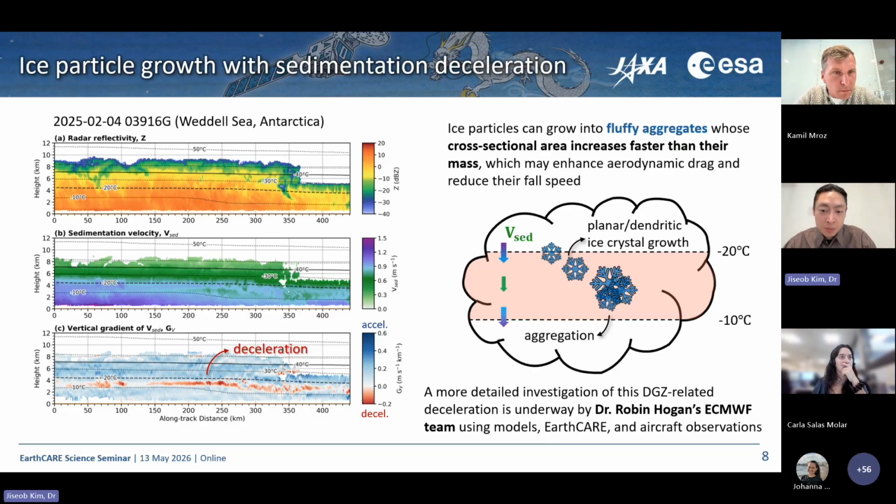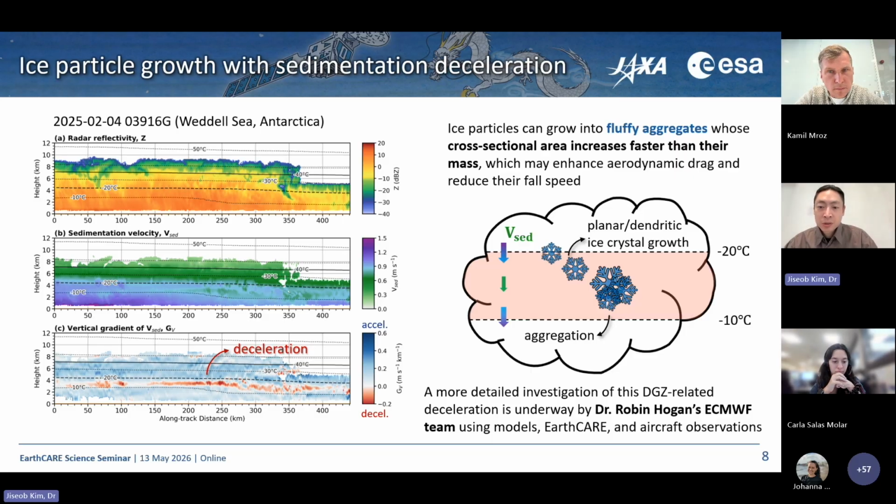And in the bottom panels, you can clearly see this distinct deceleration band between minus 20 and minus 10 degrees. Interestingly, this temperature range matches the dendritic growth zone. In these regions, ice supersaturation becomes very high, so ice particles grow very actively into dendrite or plate-like particles, and aggregation also becomes very efficient here.